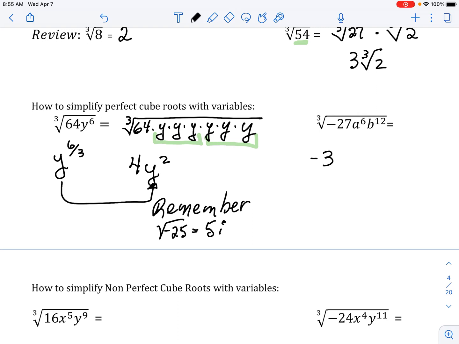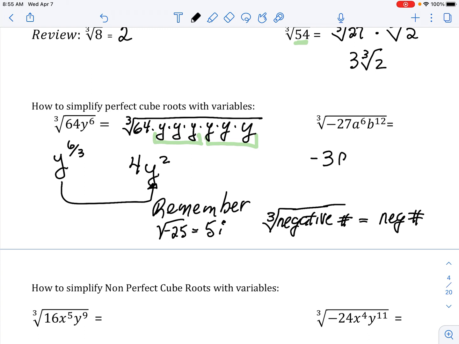Multiplied by a negative 3 is a negative 27. So you can take the cube root of a negative number. The cube root of a negative number equals a negative number. So cube root of negative 27, negative 3.